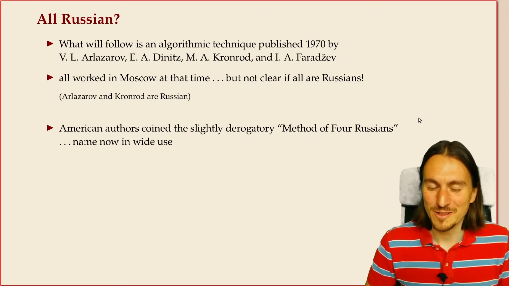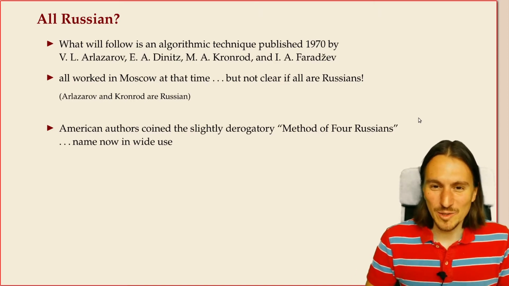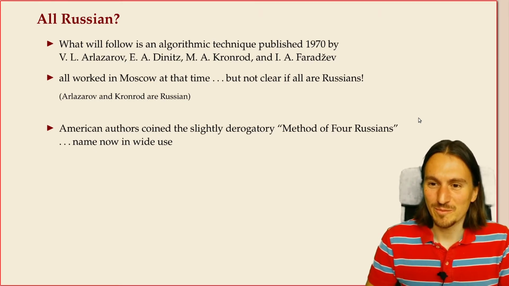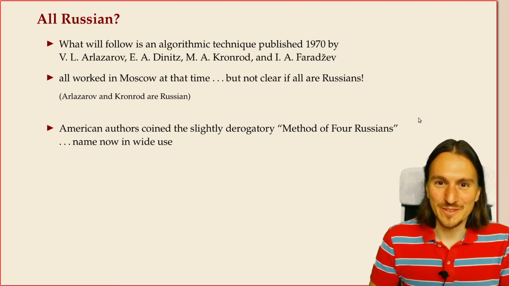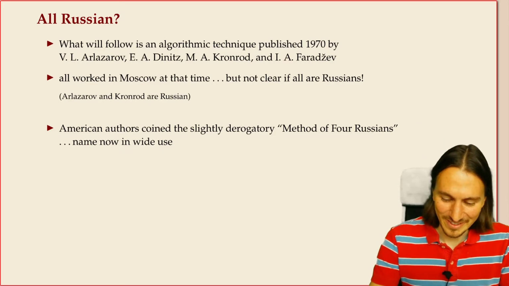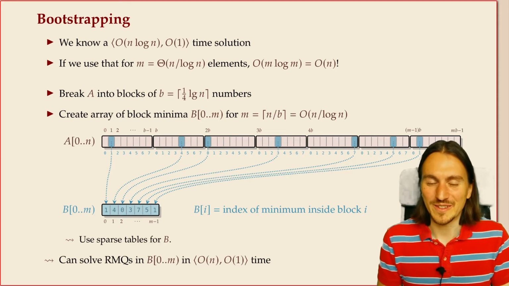It's not relevant for algorithms now, but this name is not great, but it's in such wide use now that people kind of gave in and kept using it. I wanted to give this little credit to the original authors, nevertheless, without just mentioning their nationality or their place of work at the time.